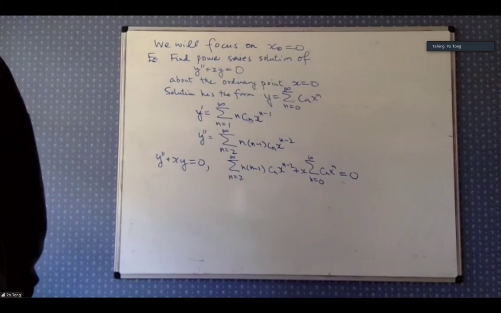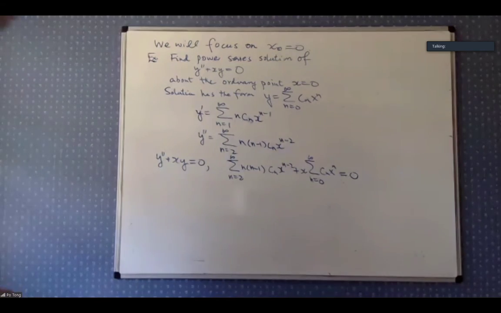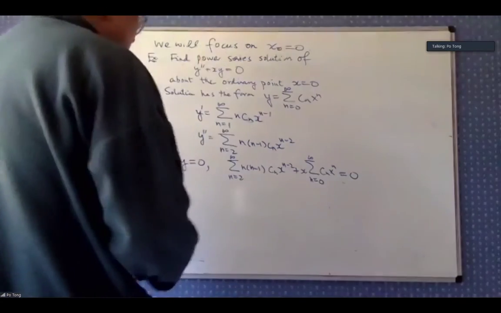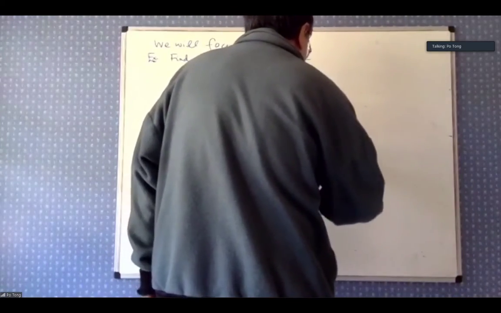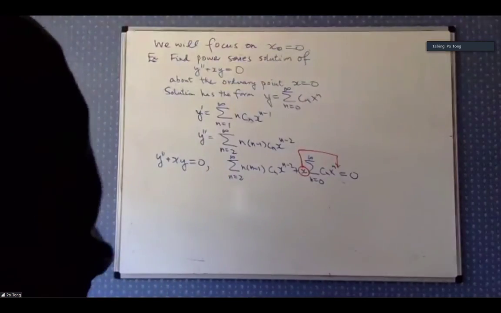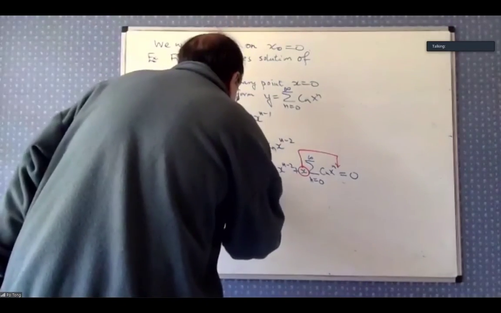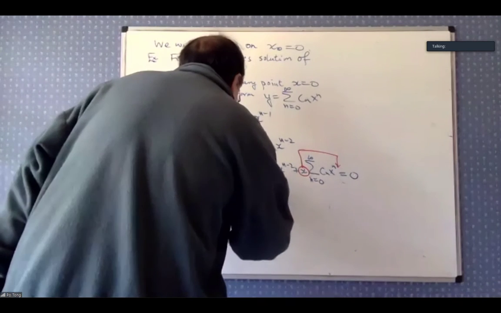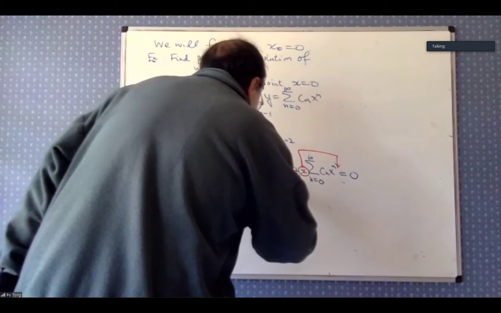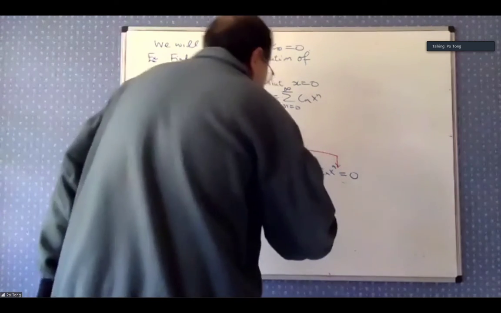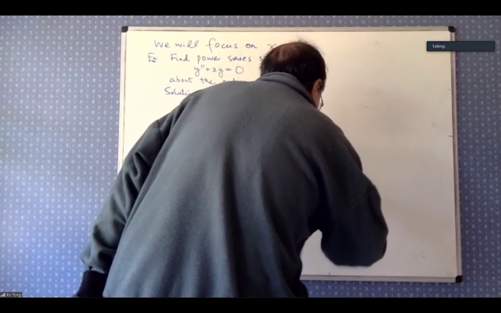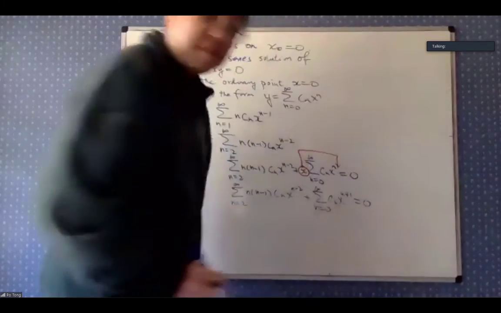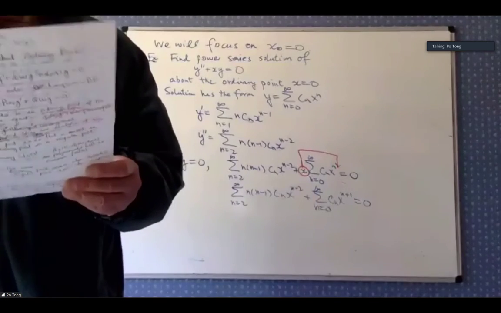Let me know if I make a mistake. This x here can be moved over here, and you end up adding 1. Are we still good?